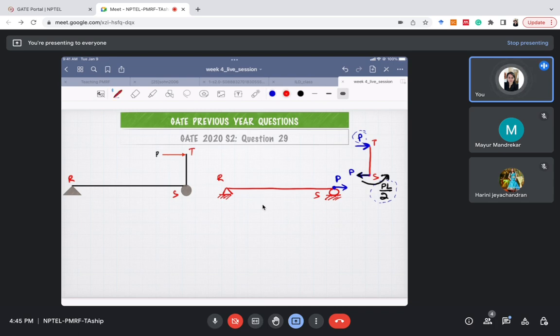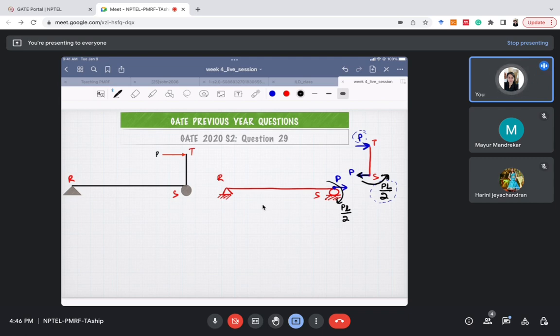Therefore, we will apply a moment here in clockwise direction, and the moment is PL by 2. This is all that was important, just to know the forces at point S because of this load P. Please practice this free body diagram also. If you do not know how to draw this free body diagram, please let me know. I may cover some session for that also.